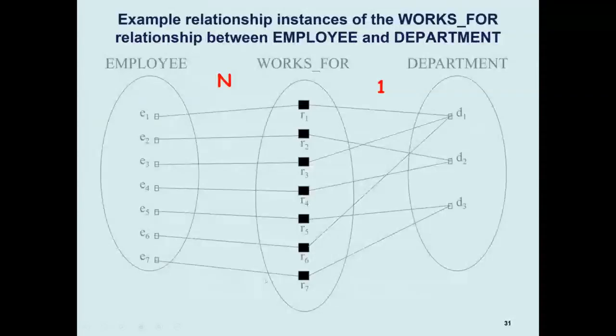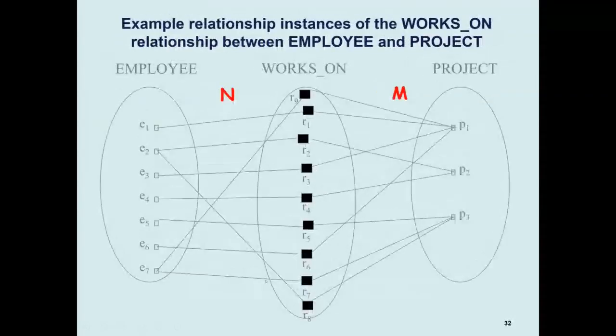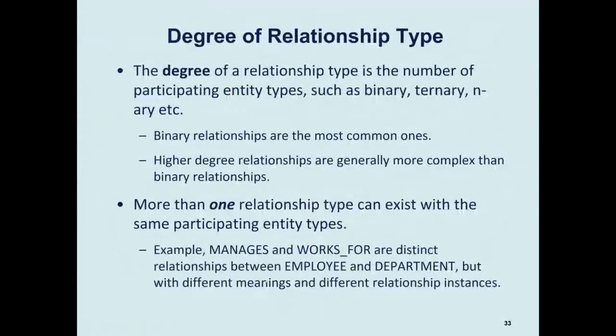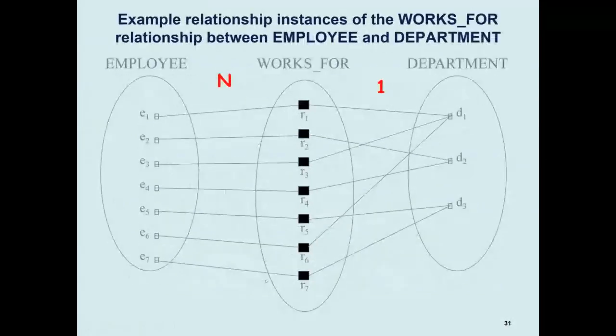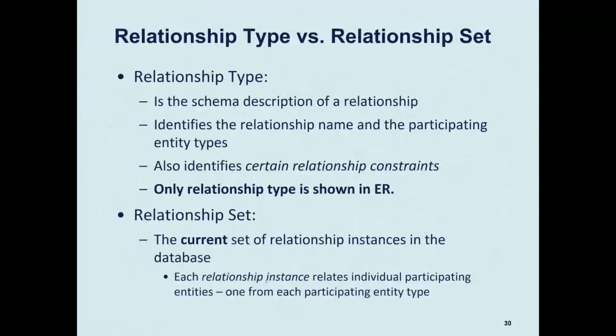So I think we have discussed pretty much the content, so I want to stop here. Today I want you to review how to identify the relationship type. Identifying entity types is pretty easy and straightforward, but identifying the relationship types usually needs some thinking and also experience.